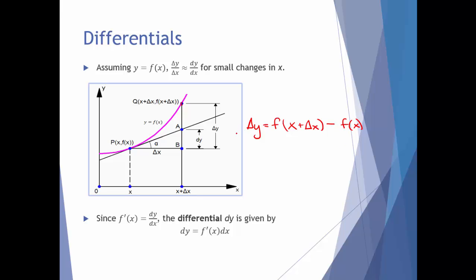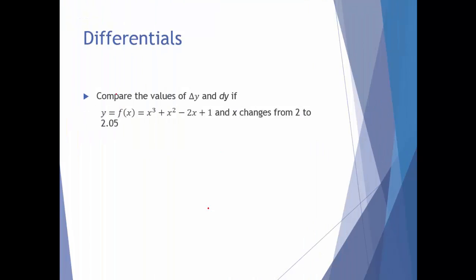That is how you calculate delta y. So delta y for us will be f of x plus delta x, your original x plus your change in x, that's f of 2.05, minus f of 2.